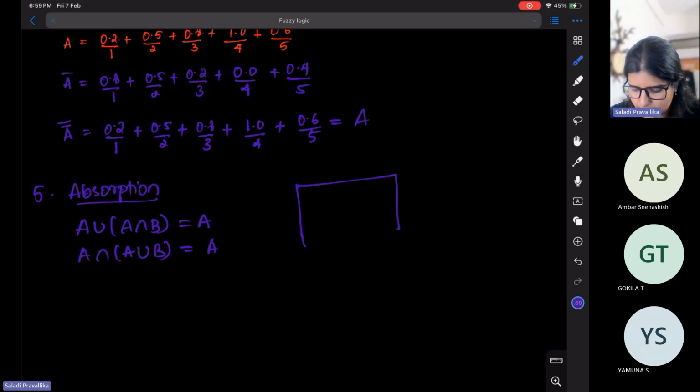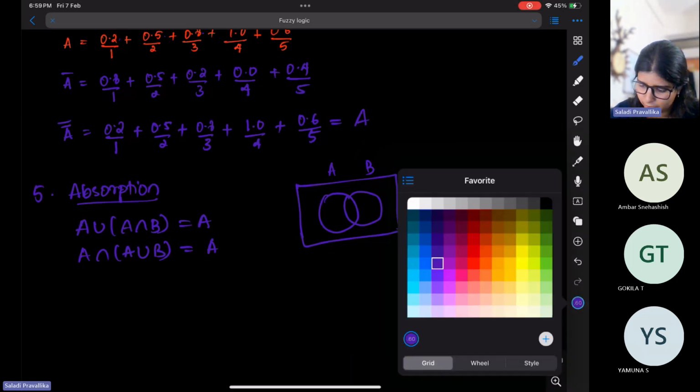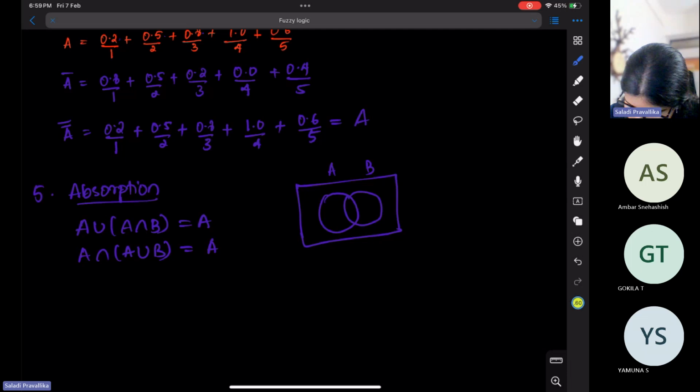Before we go into fuzzy set, just look at classical sets. Okay, this is A, this is B for us. First, let us see A intersection B. A intersection B is this area, right? This area union with A.